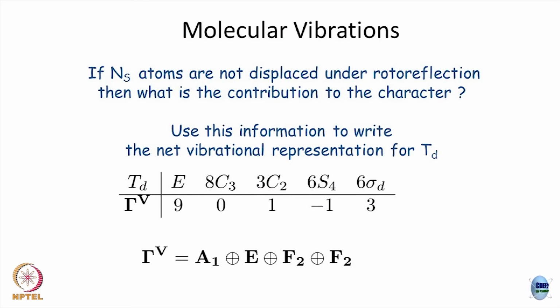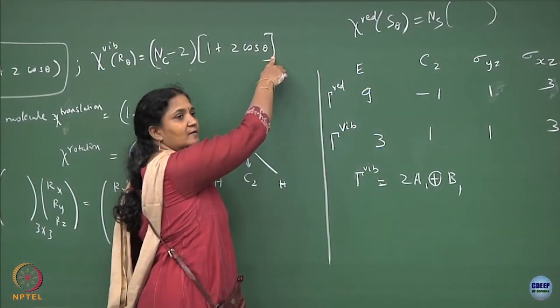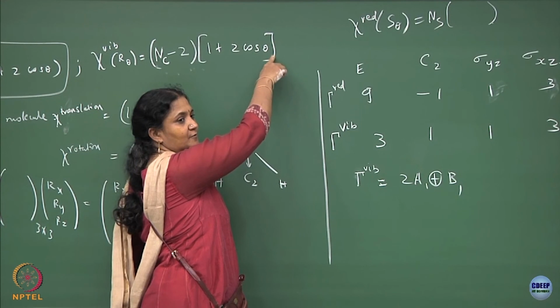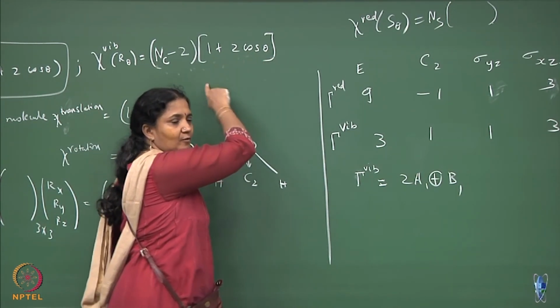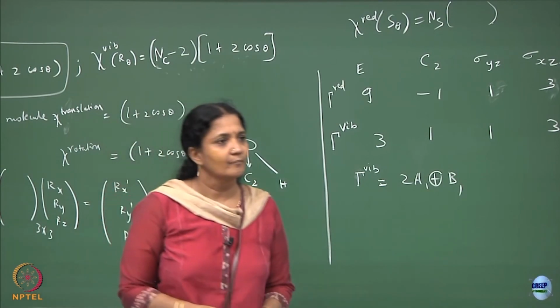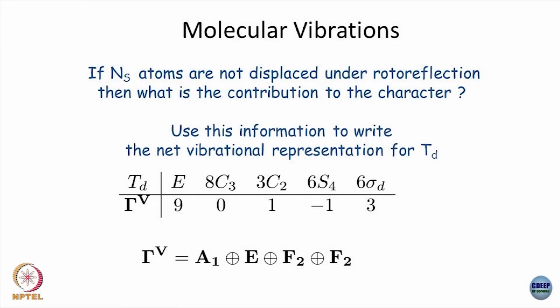Rotation by 120 degrees, cos theta will be minus half. So, this gives you a minus 1 and a plus 1, this will become 0. Is that clear? You all with me? So, that is why the character when you consider the C3 operation turns out to be 0.